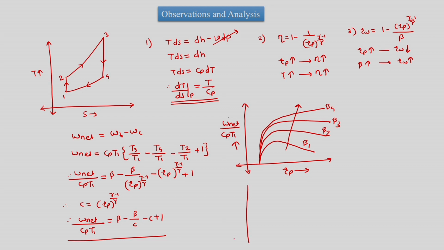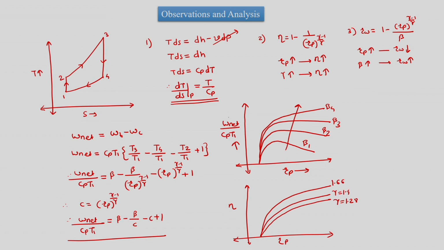Similarly, if we would have plotted efficiency versus Rp, then we would have got a plot like this, and then this, and then this. This is for gamma 1.28, this is for gamma 1.4, and this is for gamma 1.6. So in this direction gamma increases.